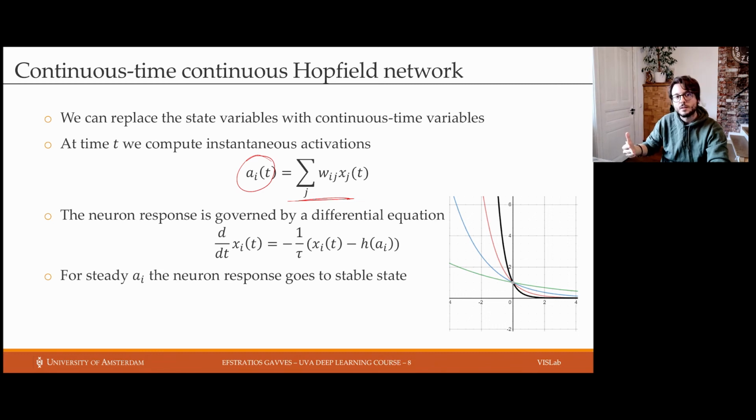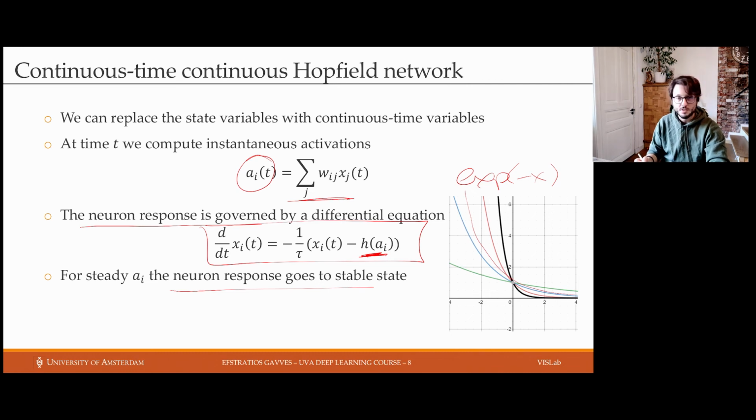Whenever there is an update, a new activation, a new response is computed. And then in that case, the neuron response is governed by a differential equation, which is pretty easy to show corresponds to the exponential of the minus of the input. So this means that if we have a steady activation in a neuron, then the neuron response will gradually go to a stable state.